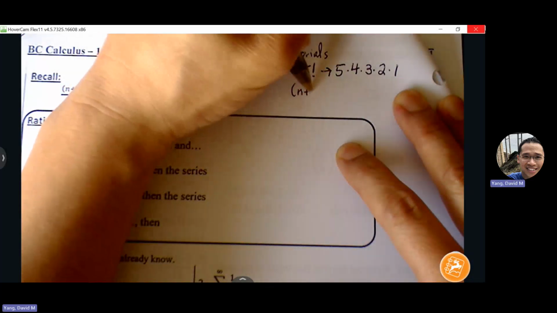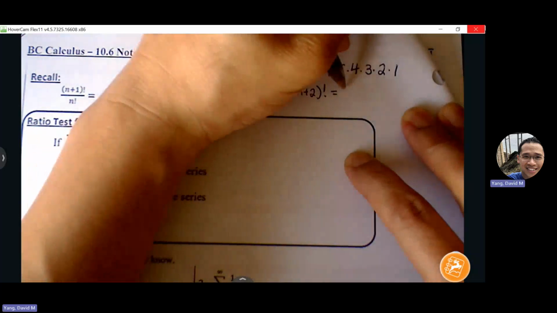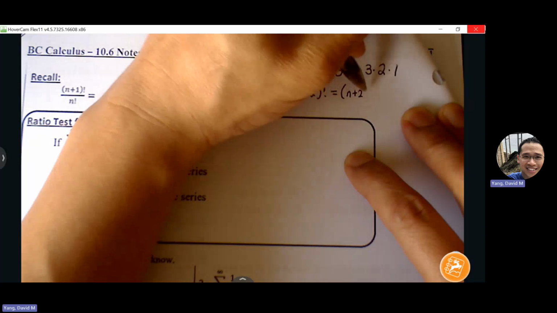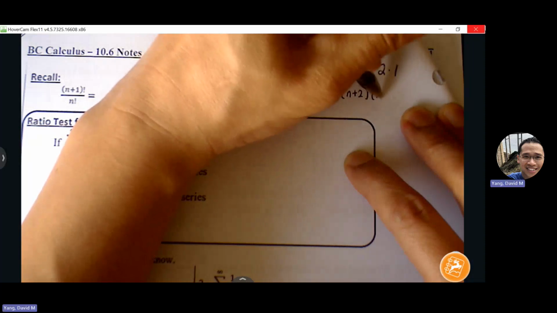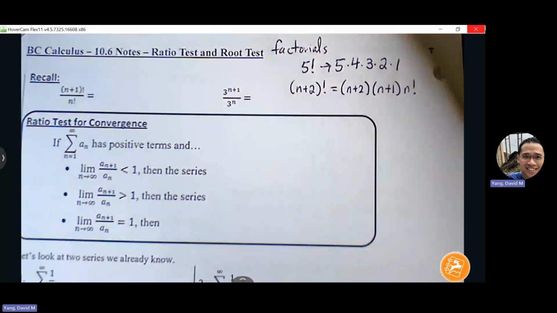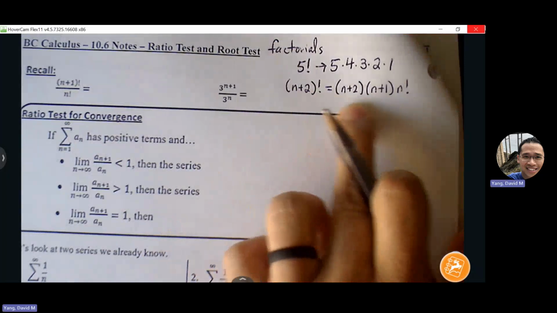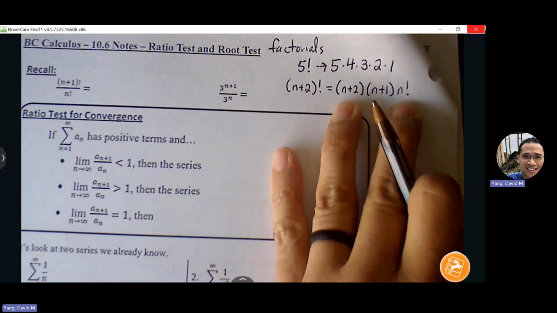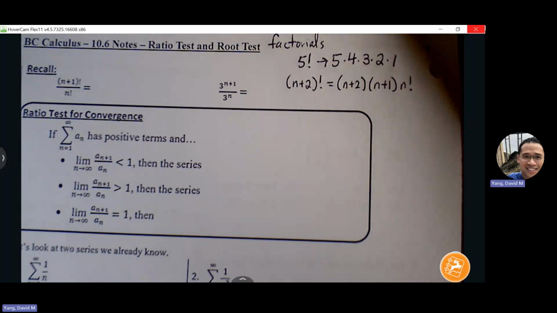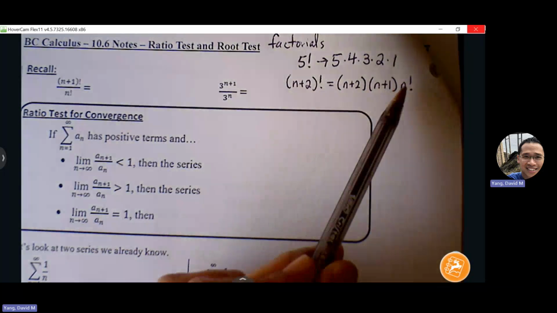Likewise, if I have something in the form of n plus 2 factorial, I can write that as n plus 2 times n plus 1 times n factorial. Sometimes being able to break a factorial down into separate parts allows us to match and cancel out a little better. So that's an example of factorial down to n factorial there.